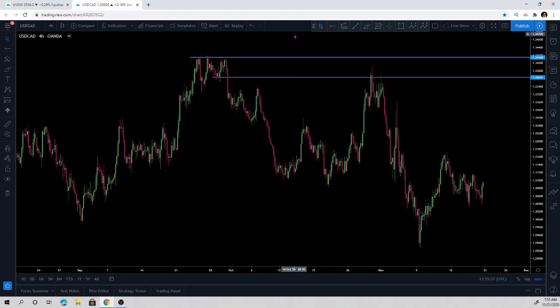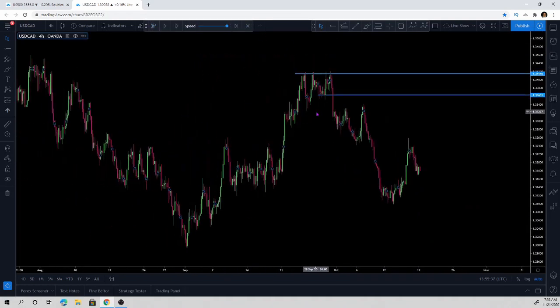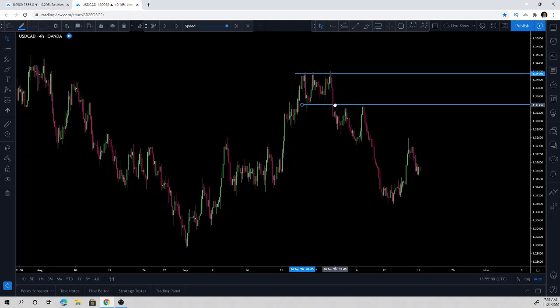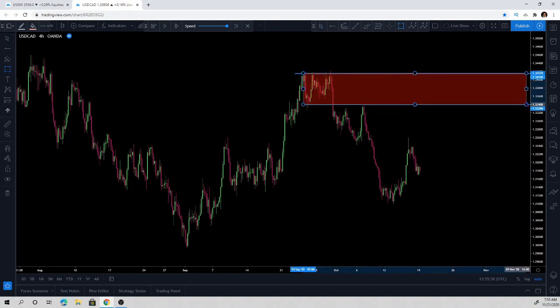Now, let's use the replay mode on TradingView, and I'm going to show you how we can work these levels of resistance, right? Actually, if I'm being completely and utterly honest with you, the correct low of the move should be this one. So the entire area of resistance is a big, thick zone.